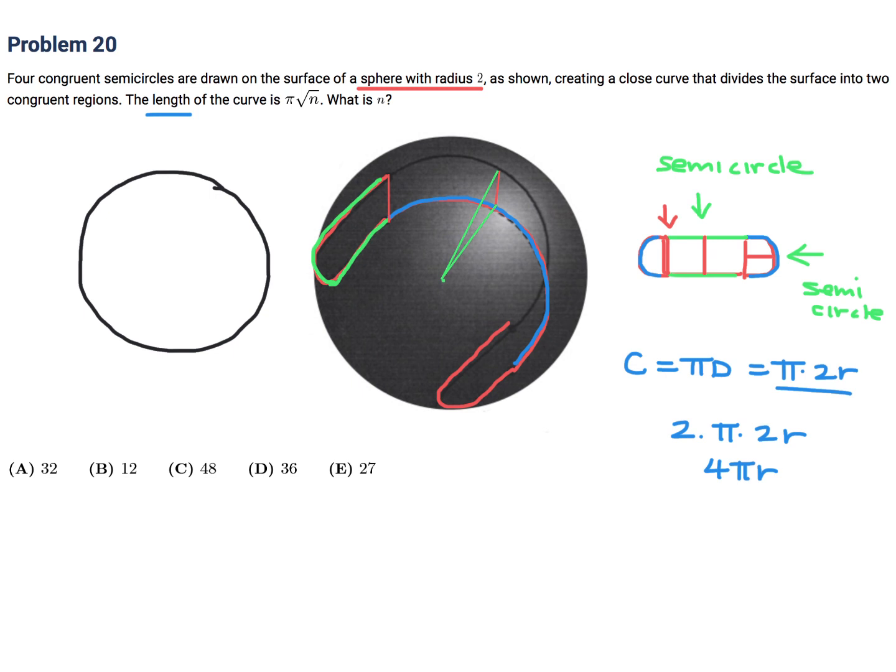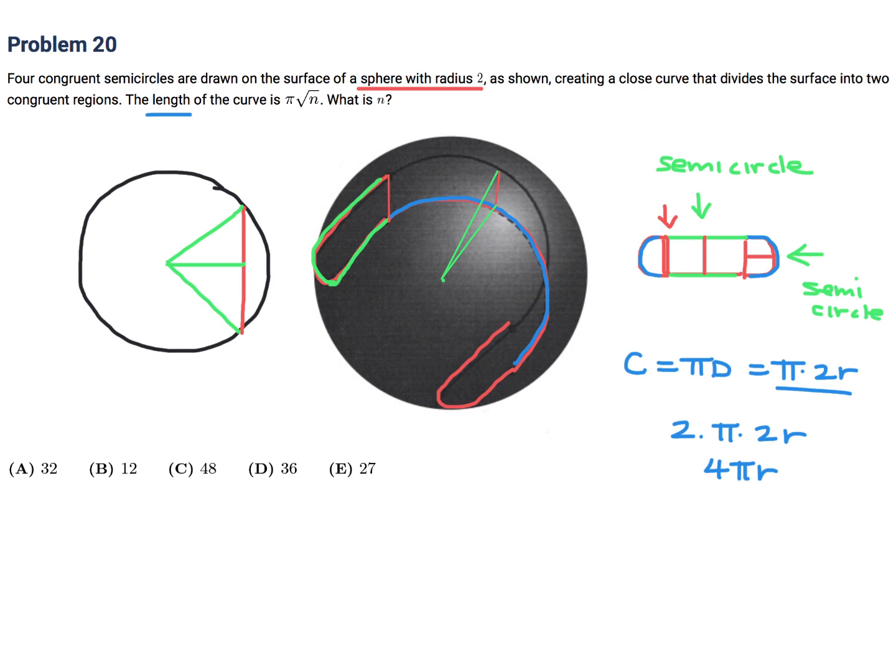So what I've done is I've taken this red line that's there, and I've taken the center of the sphere. This circle sort of represents a cross section of the sphere. I've drawn these two lines like that. And then I can draw one other line from here to here. Okay, now let's explain this.